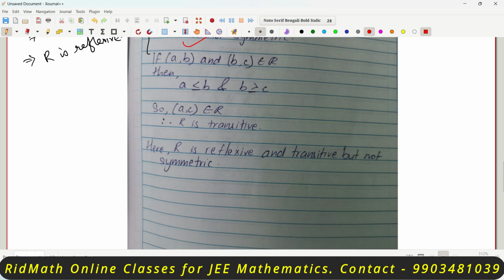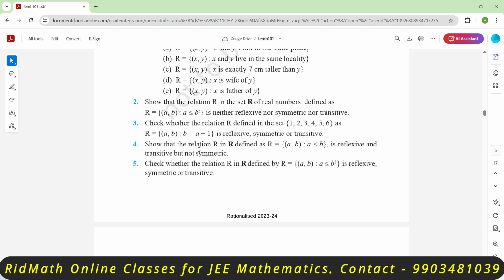What we have to show is reflexive and transitive but not symmetric.